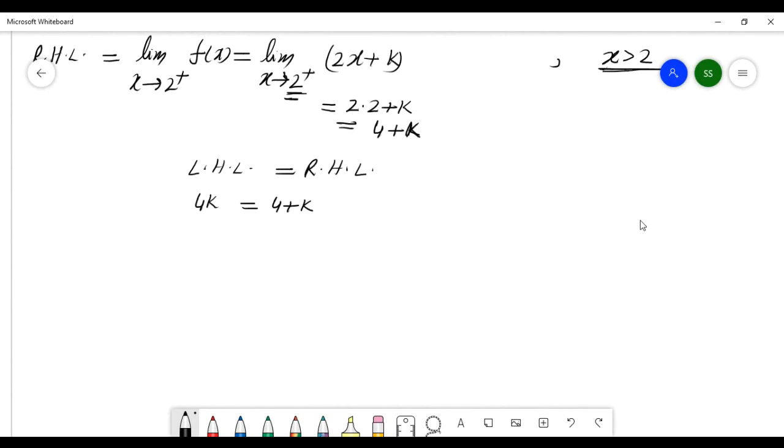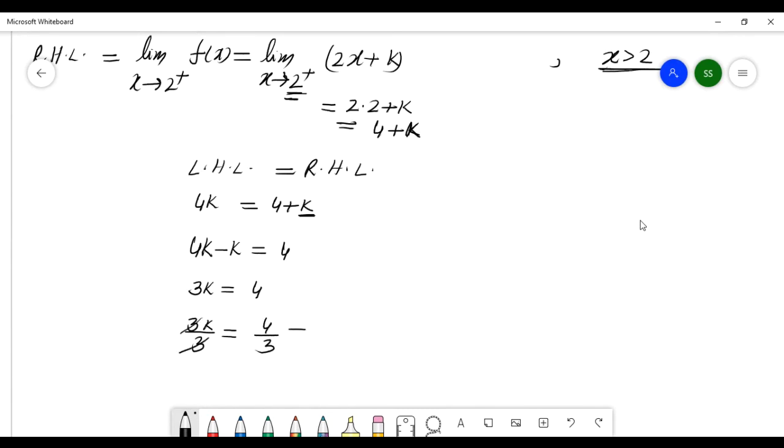Here we have 4k and this k. Take this k to the left side; it will be minus k. This equals 4. So 4k minus 1k gives 3k equal to 4. Divide 3k by 3, which is equal to 4 by 3.